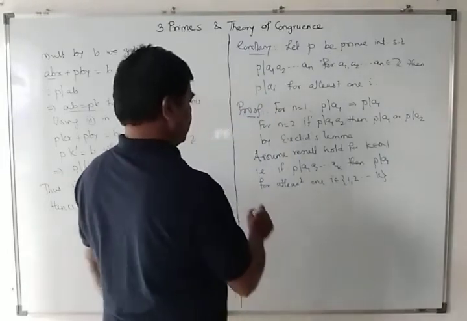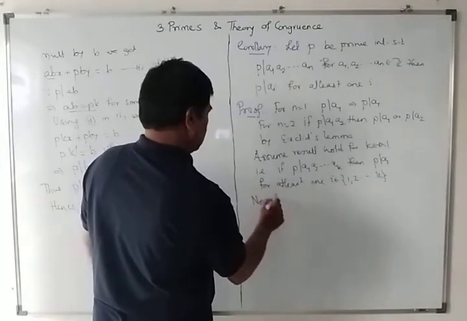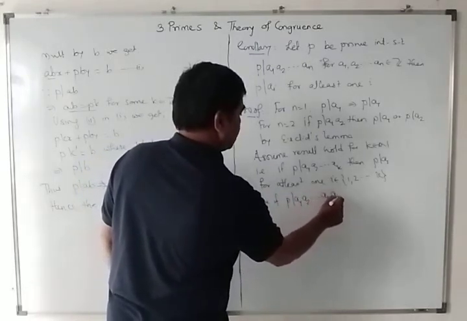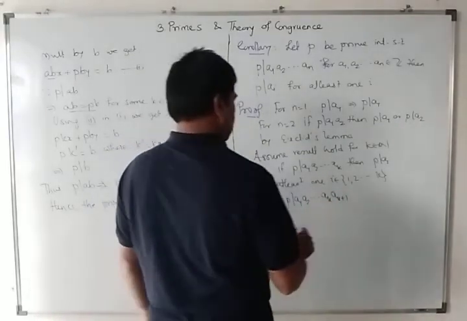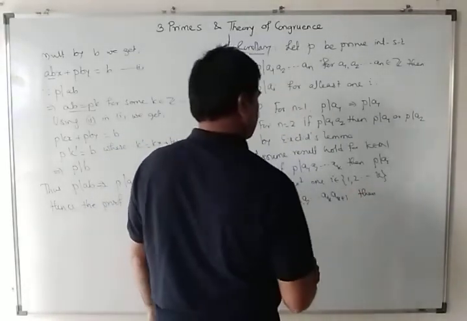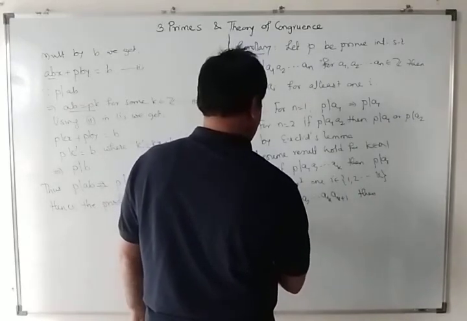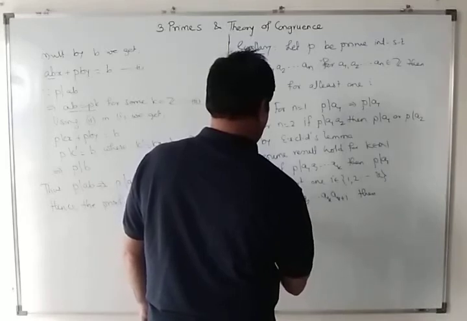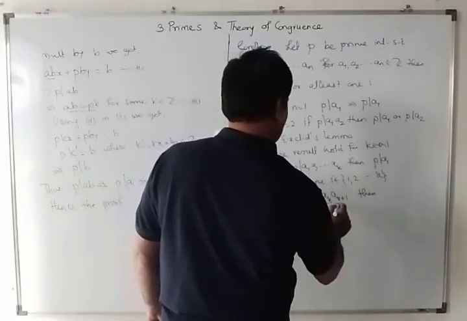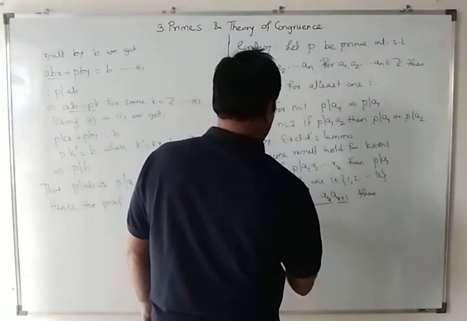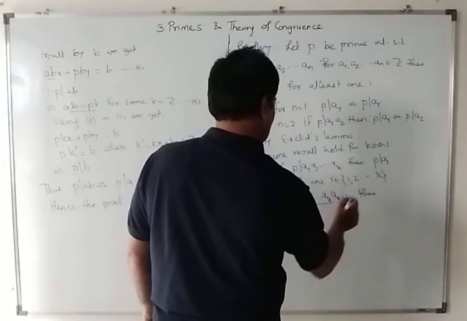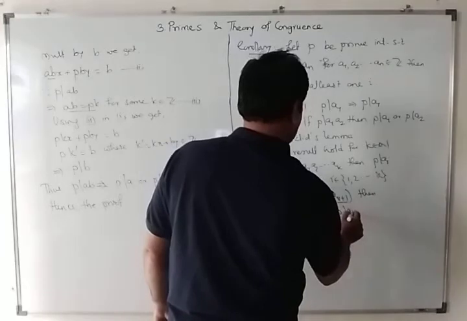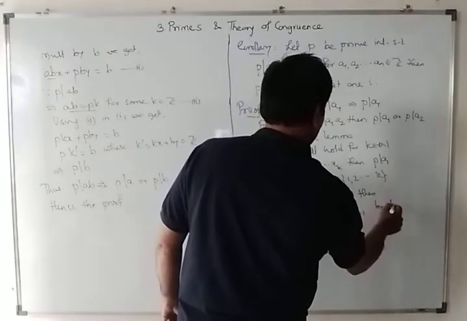Now if p divides a1 a2 up to ak plus 1, then p divides a1 a2 up to ak or p divides ak plus 1 by Euclid's lemma.